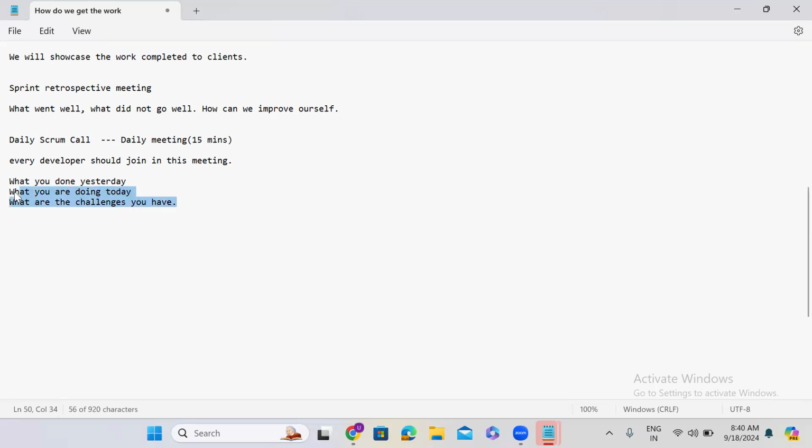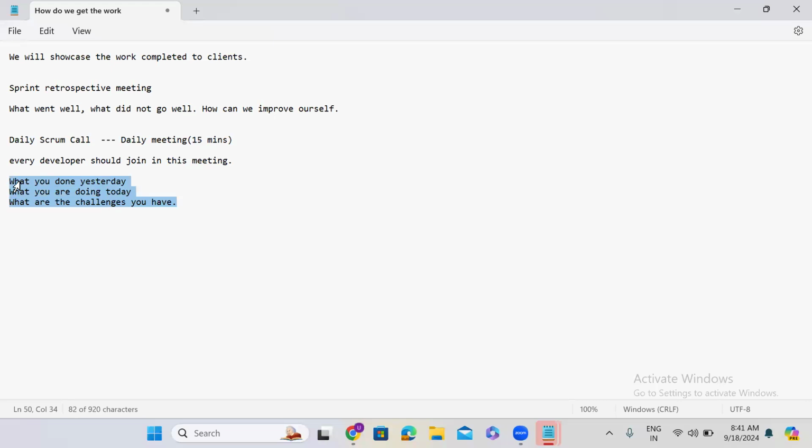These 3 points, every developer has to update to the lead. Every developer should explain these 3 answers in the daily scrum call. He has to explain answers to these 3 questions every day.